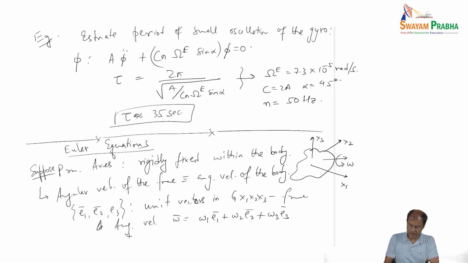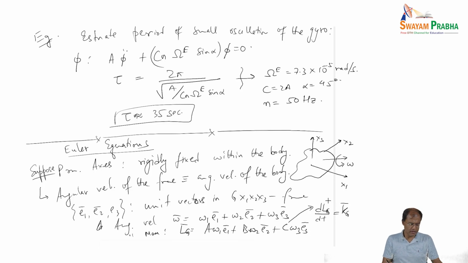And then we have the angular momentum Lg, which is A omega 1 E1 plus B omega 2 E2 plus C omega 3 E3. Similarly, we can write the torque equation dLg dt is Kg, where Kg is my external moment.